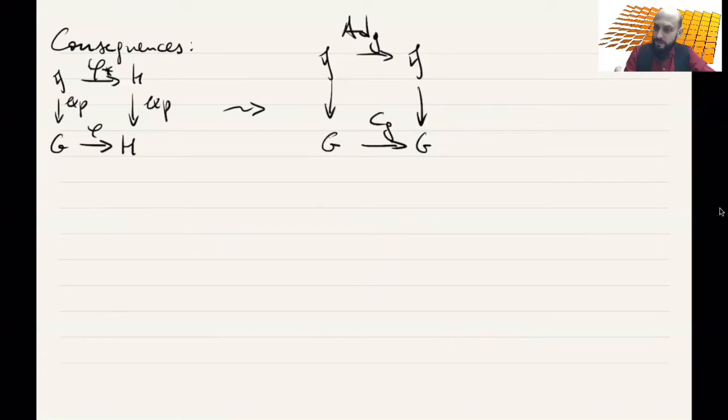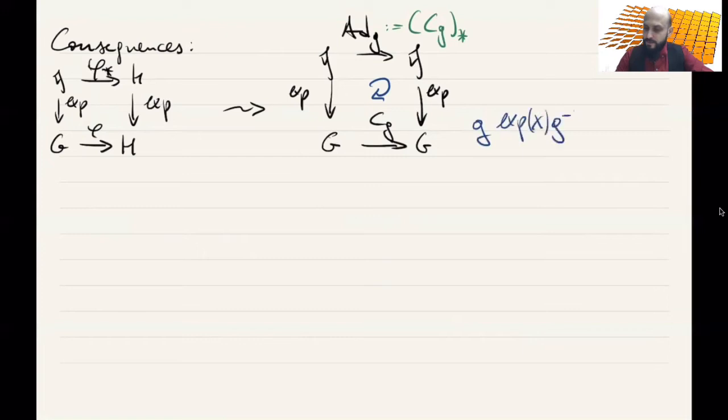So this by definition was (C_g)_*. And here I always have the exponential map. So this diagram commutes. In other words, I can write the formula g exp(x) g^{-1} is equal to exp(Ad_g x). So I say exp x and then conjugate is the same as taking Ad and then taking the exponential.